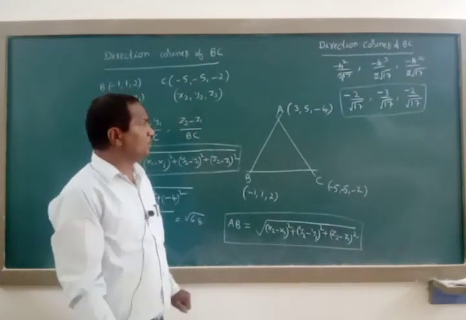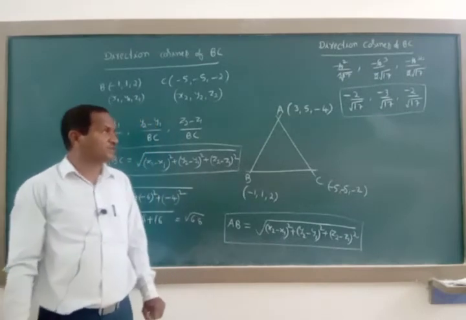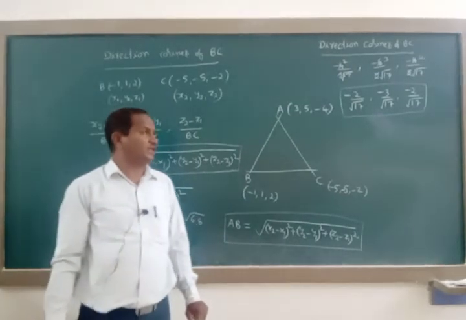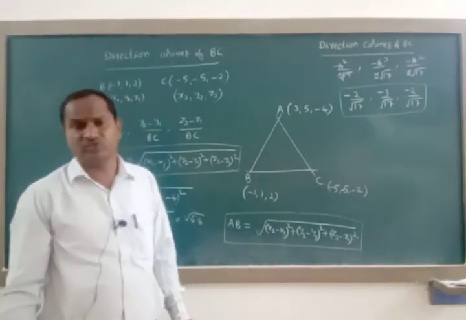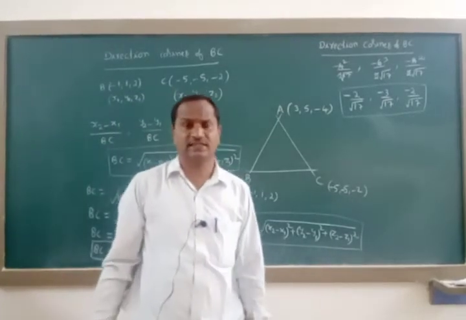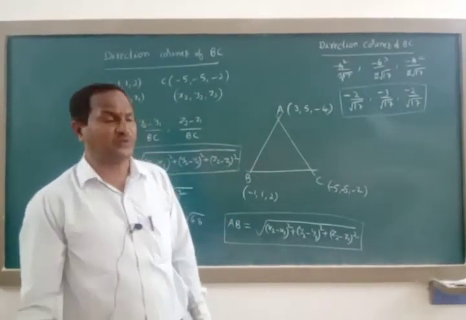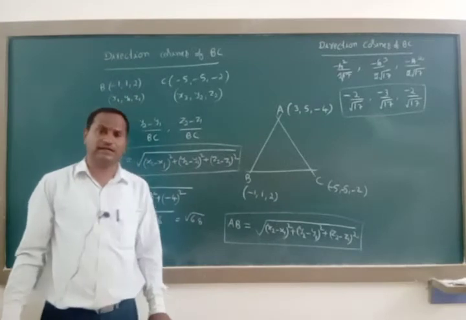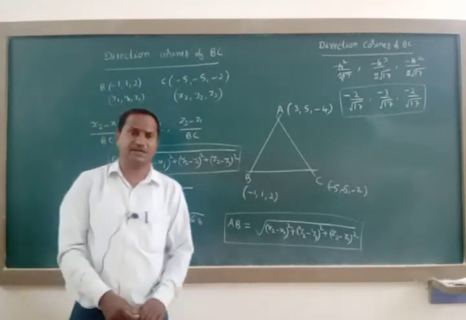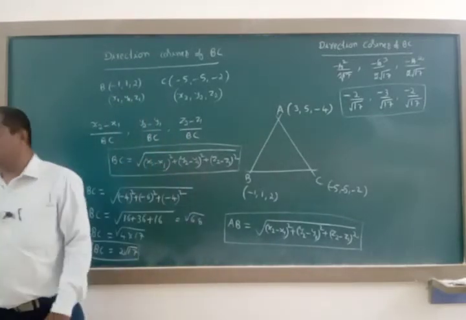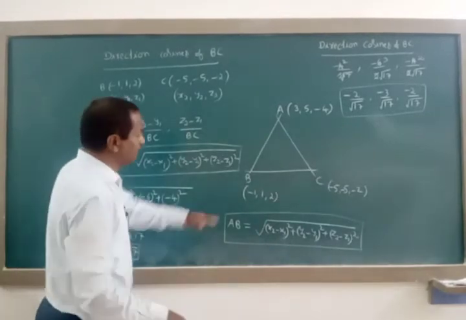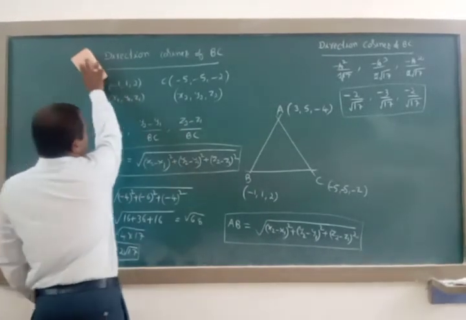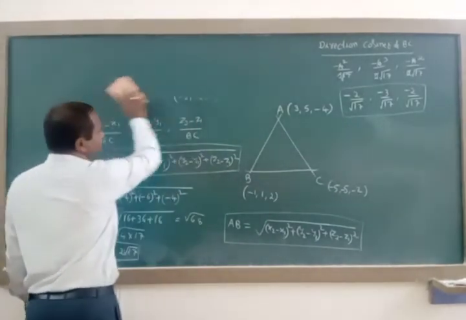Next we are going to find the direction cosines of CA. We apply the same procedure that we applied for the sides AB and BC.